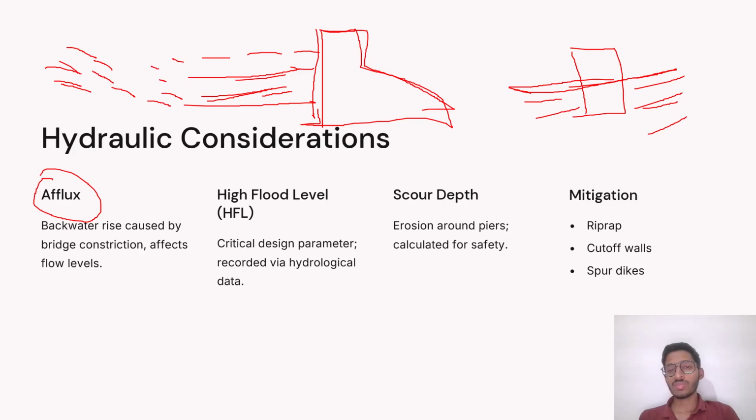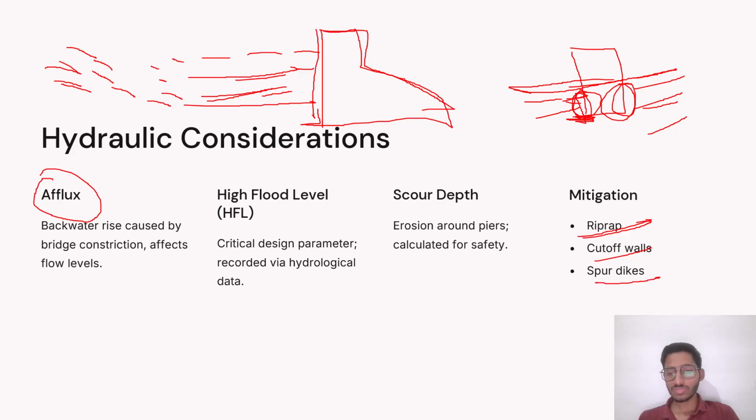Scour is due to the action of this water coming on that pier; erosion of the surface around the pier happens, and the depth at which this erosion happens is called scour depth. The mitigation for scour depth is, first riprap, second cutoff wall, and third spur dikes.